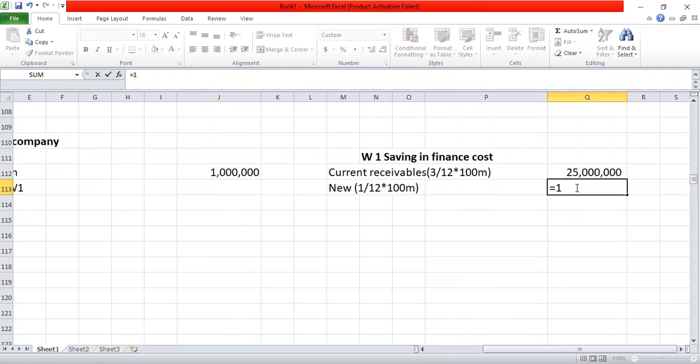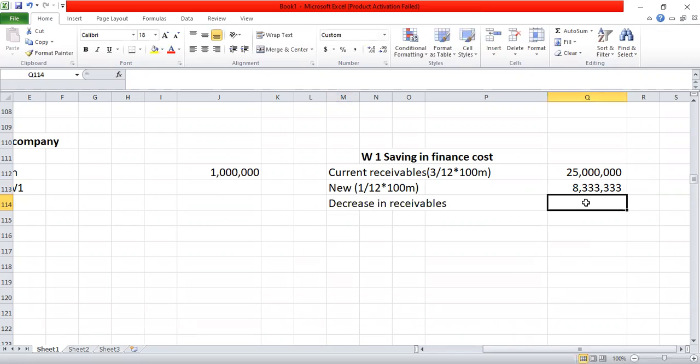So this is going to be 1 over 12 times 100. That is the new receivable. So the decrease in the receivables will be this minus this.